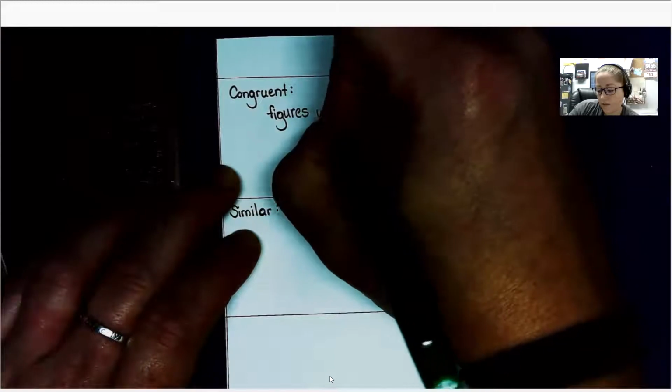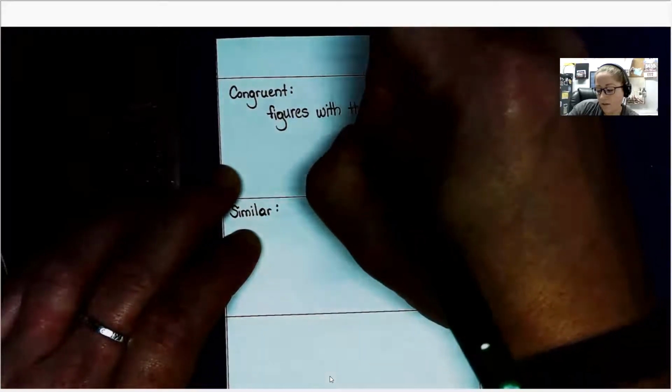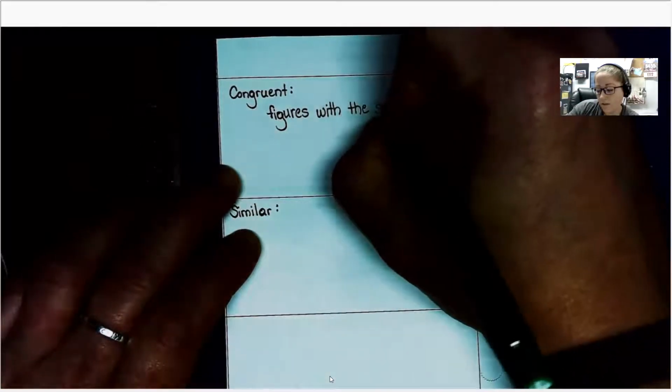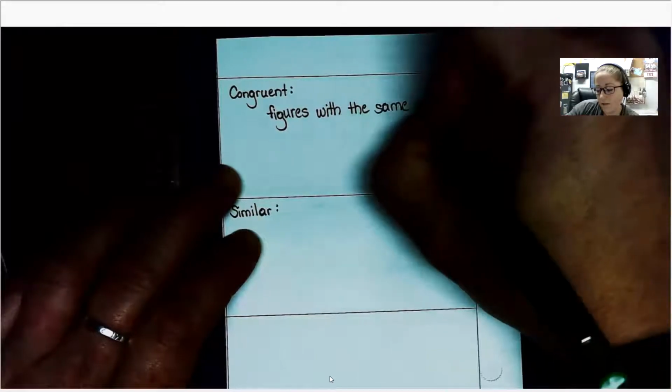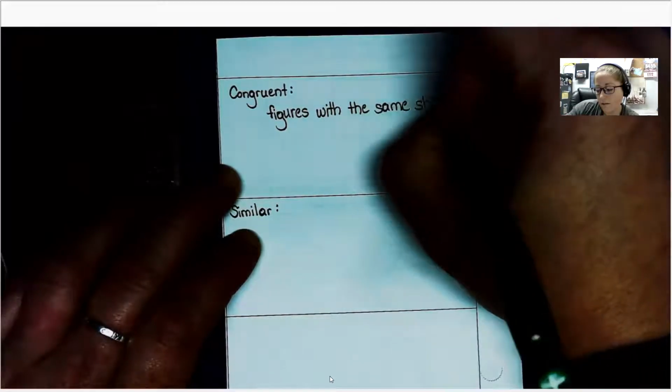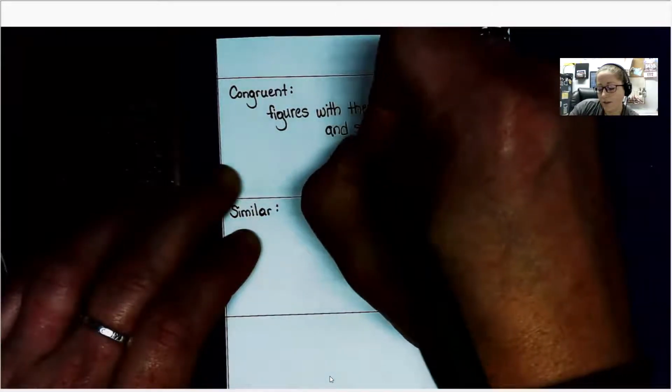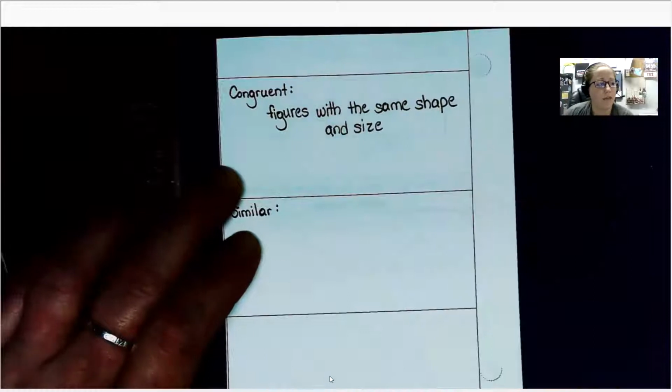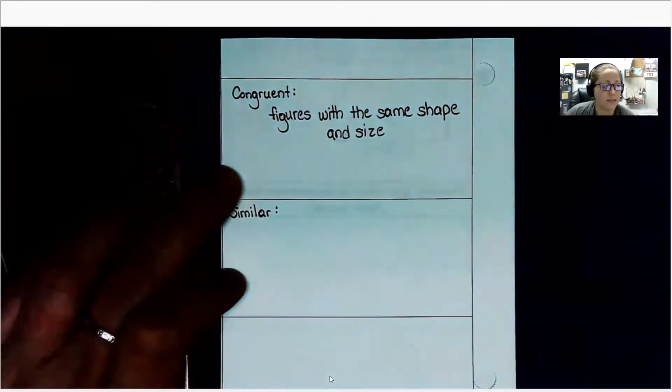When we talk about congruent shapes, we're talking about figures that have the same shape and the same size.